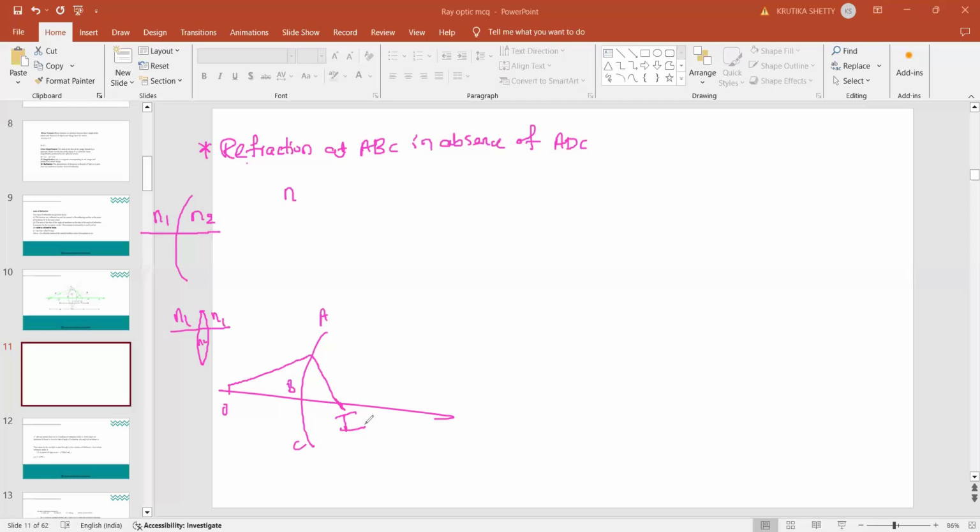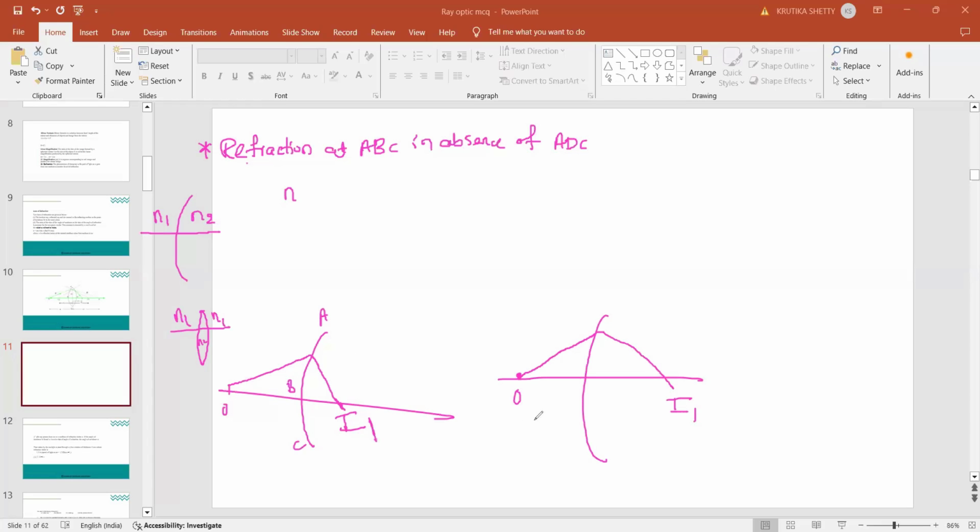Not I, that is I1, because we have I and I1. So in absence of the second bounding surface, we have the image at I1. The ray from the object will hit the ABC surface, refraction happens, and the image is formed at I1.